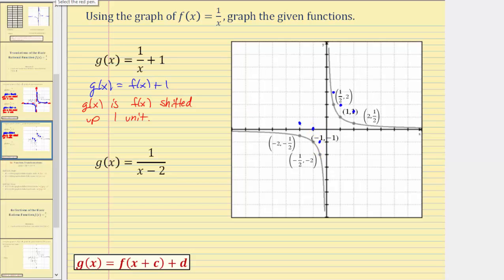And we'll shift the horizontal asymptote from the x-axis, or y equals 0, to y equals 1. Shifting the vertical asymptote up 1 unit does not change its location. It is still the y-axis. So the graph of g of x equals 1 divided by x plus 1 would have one piece here and one piece here.